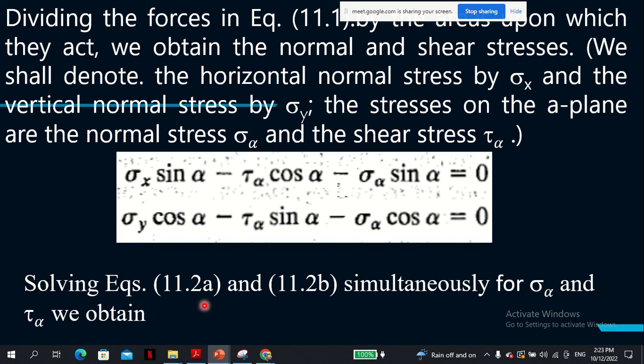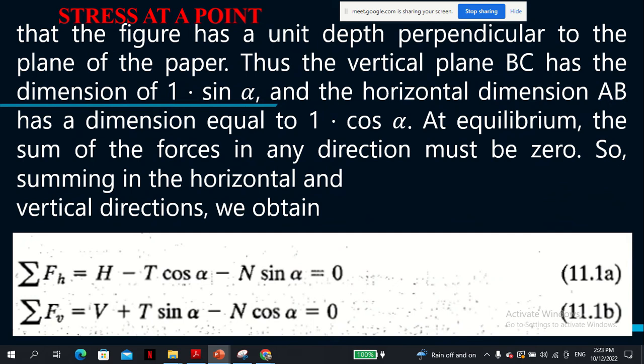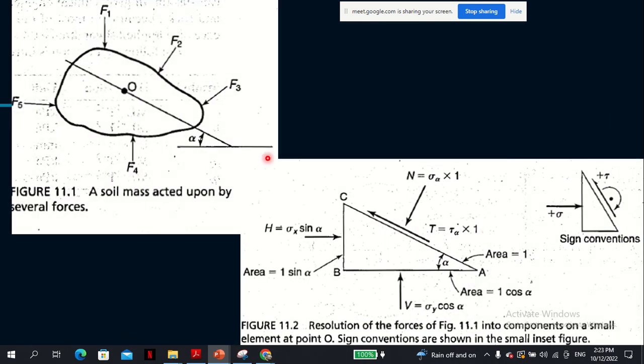So solving equations 11.2a and 11.2b simultaneously for sigma x and tau x. Sorry, not that, because we are interested in the plane. Remember here. Okay, I'll give you a hint. Normally we are interested in the stresses in a plane, because that's the most important.